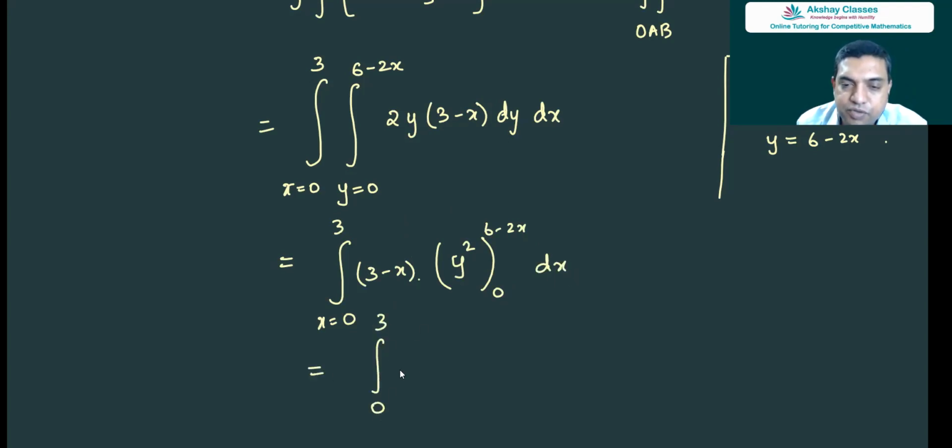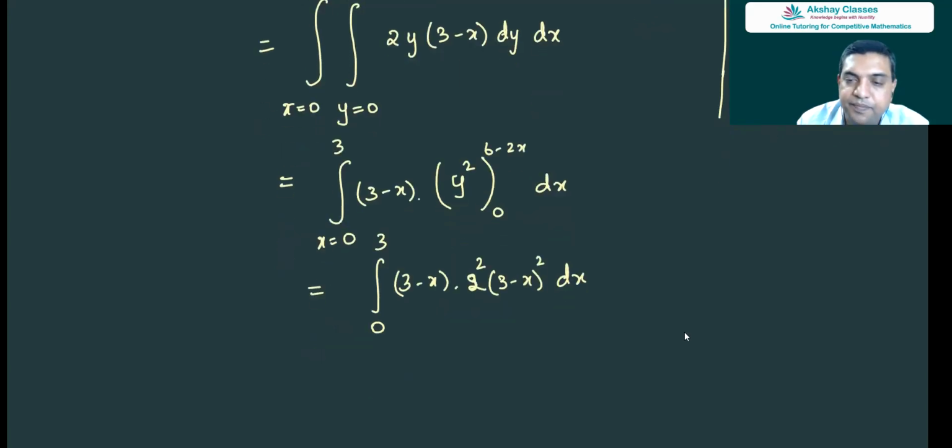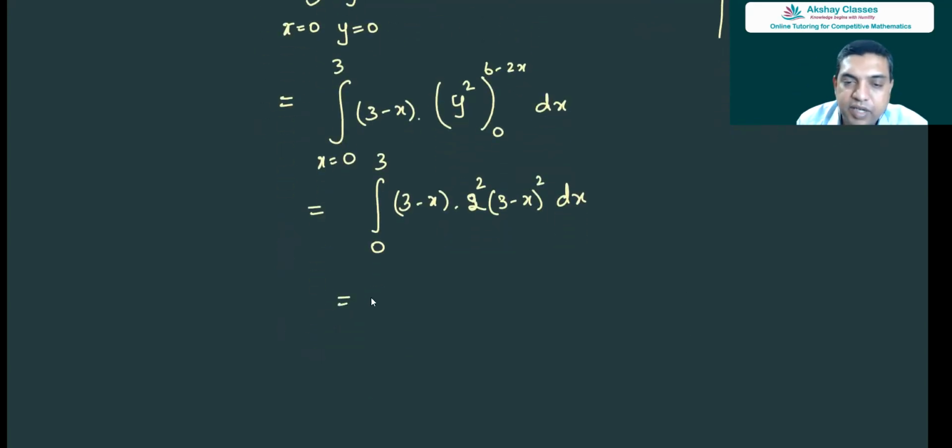So you get 0 to 3, 3 minus x times 6 minus 2x, which is again 2 into 3 minus x. So I get 2 square into 3 minus x, the whole square, dx. So I get 4 times the integral 0 to 3 of 3 minus x, the whole cube.